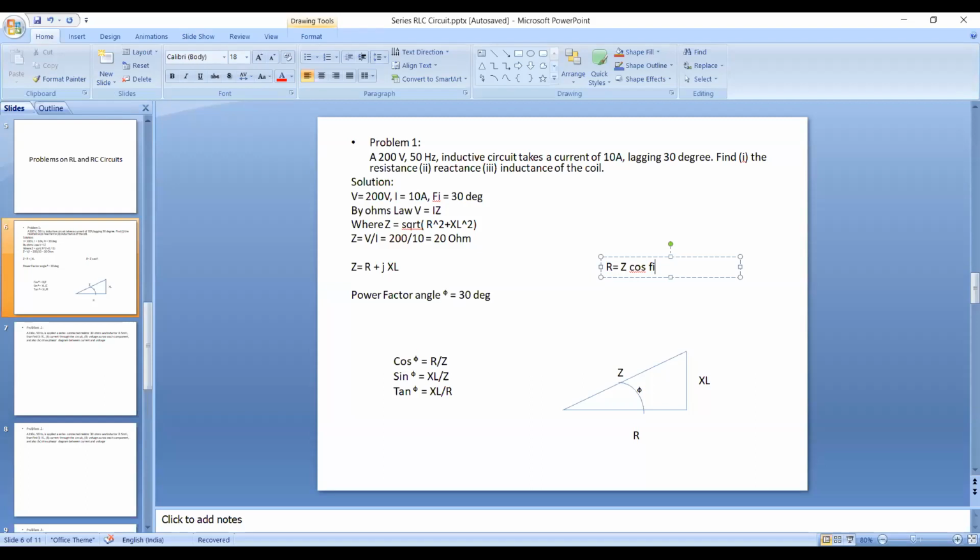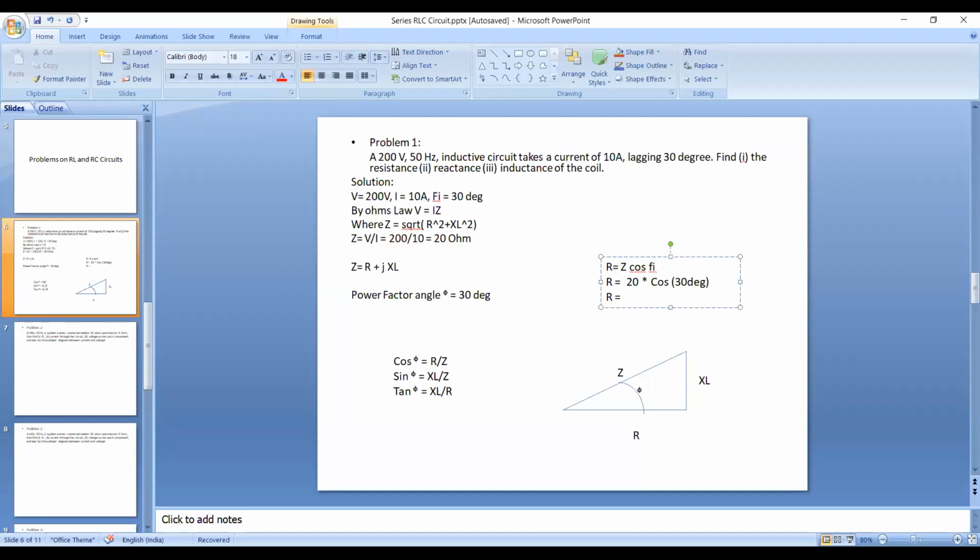So R is equal to Z into cos phi. We have already found the value of Z, that is 20 ohms, into cos of 30 degrees. How much will you get for R? Can anyone tell me?